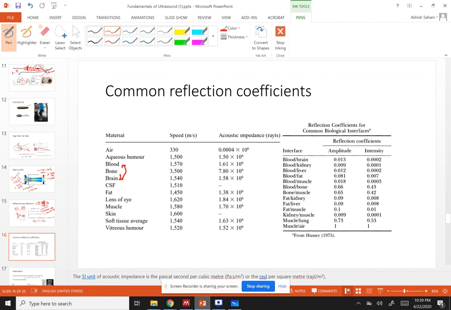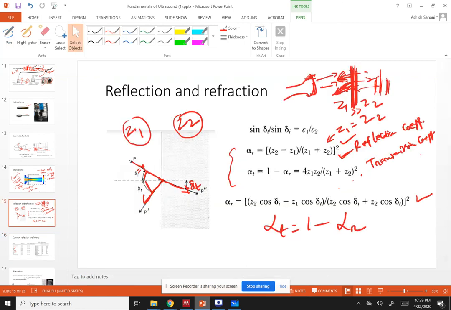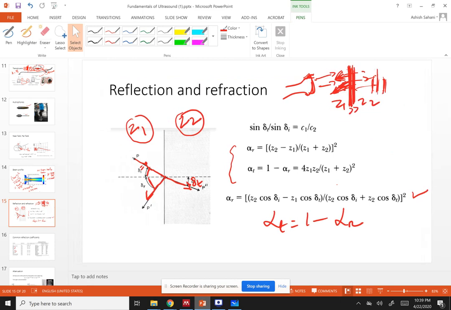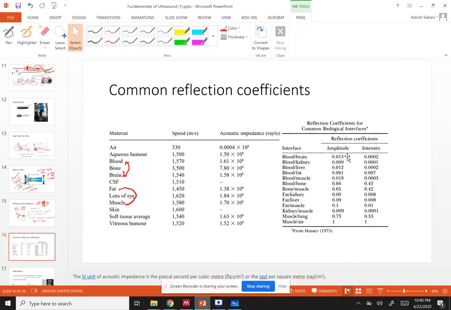Or say if there is fat followed by muscle, what will be the reflection and what will be the transmission? How will you calculate it? By using these formulas, you will be able to calculate that. And some of these calculations are already given here in this table.